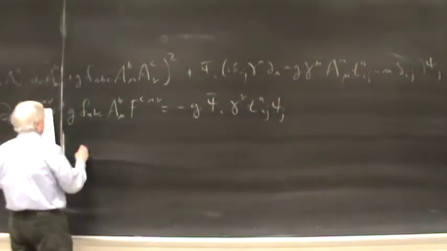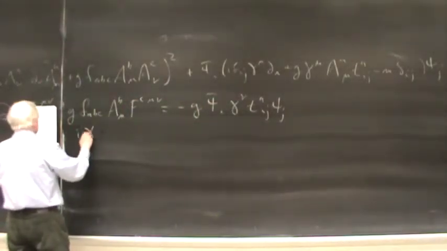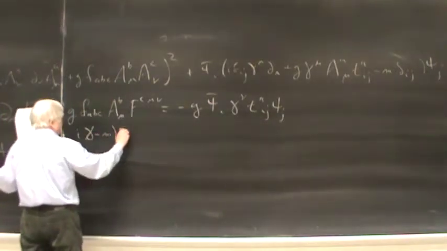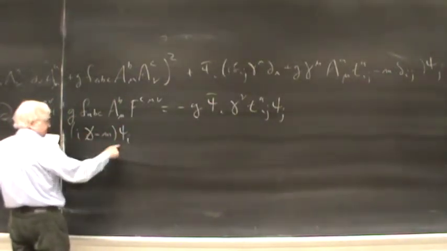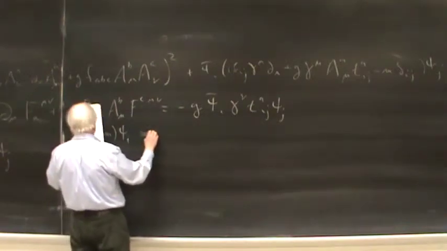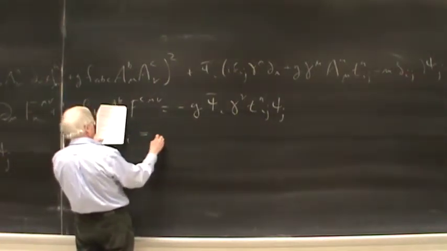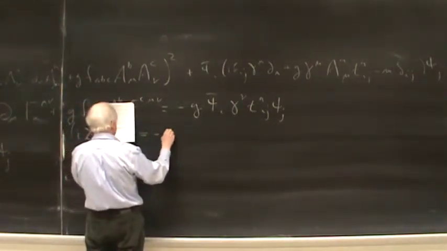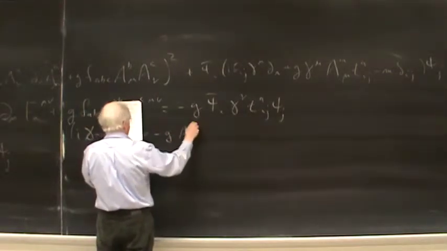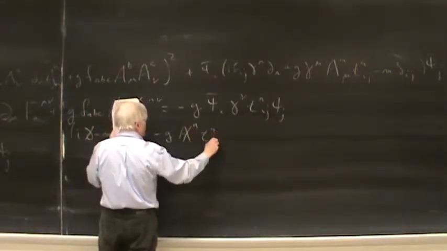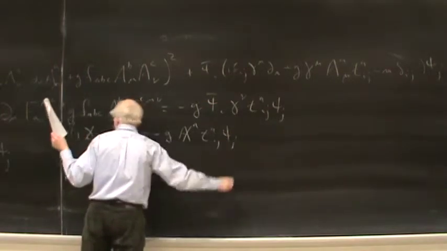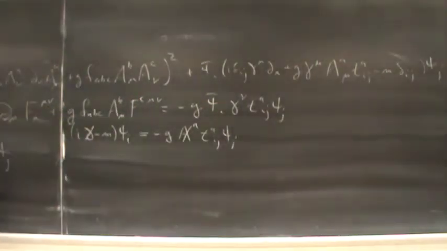And for the Fermi fields, it's (i D slash minus m) psi i. So this is the kinetic part, that would normally be 0 for a free fermion. And then we get minus g A slash T^a ij psi j. So these are the classical equations of motion.